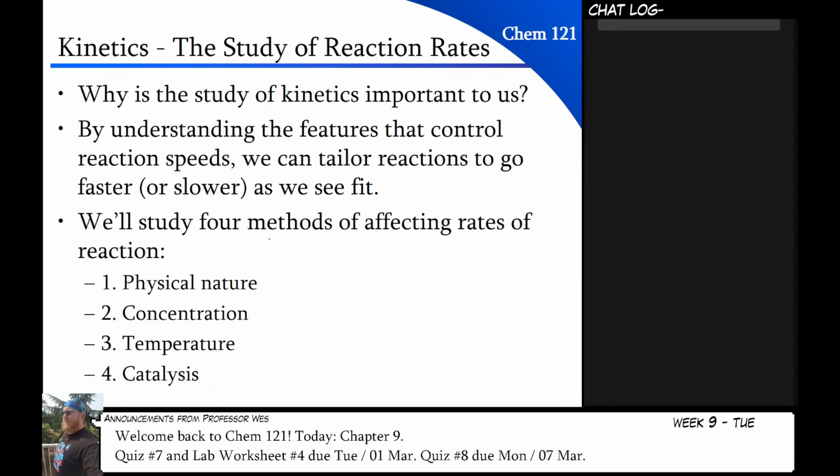So we're going to study 4 different things when we talk about kinetics. Those 4 things are the physical nature of our reactants, how much of them we have in our solution, or their concentration, how hot the reaction is, and also do we have this special doohickey or MacGuffin called a catalyst.